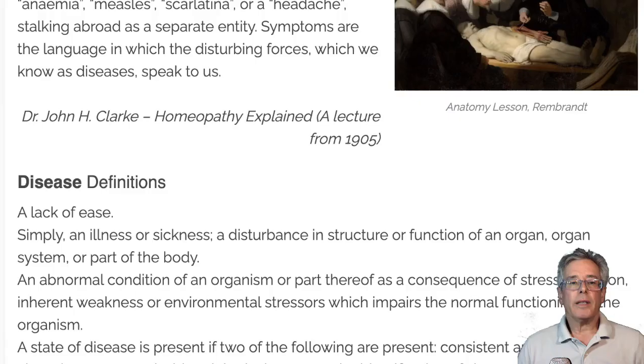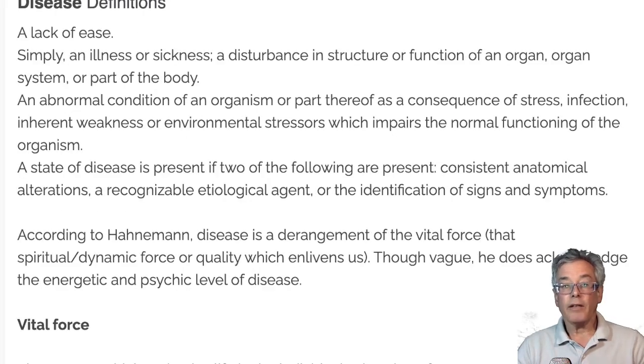In the dictionary, it writes the following: a lack of ease, simply an illness or sickness, a disturbance in structure or function of an organ system or part of the body, an abnormal condition of an organism or part thereof, as a consequence of stress, infection, inherent weakness, or environmental stresses, which impairs the normal functioning of the organism.